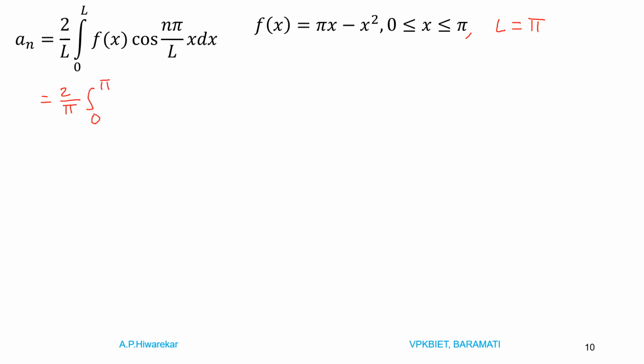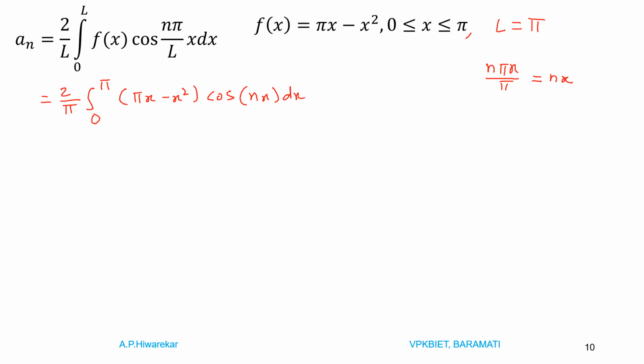integral from 0 to pi, f of x is pi x minus x square, into cos of n pi x divided by L. L is pi, so if you calculate this angle, that gives nx. So cos of nx dx.